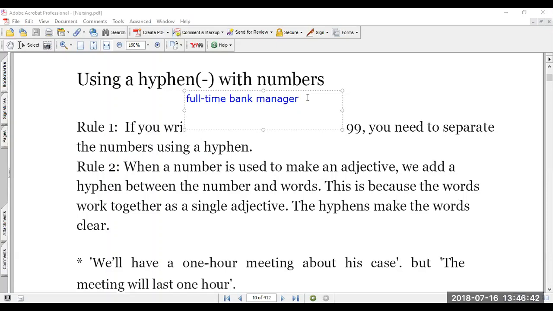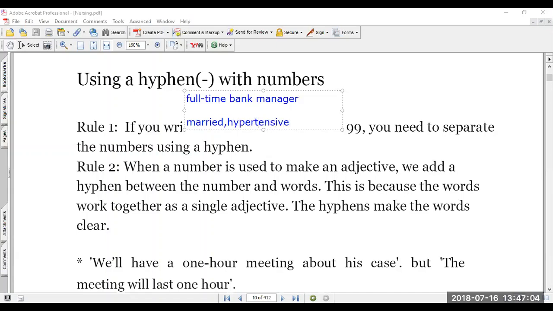she is, for example, married. And if I'm using another adjective here, hypertensive, for example.